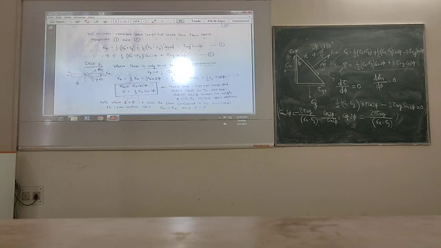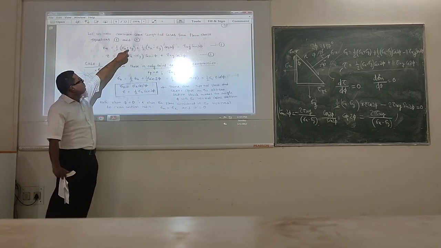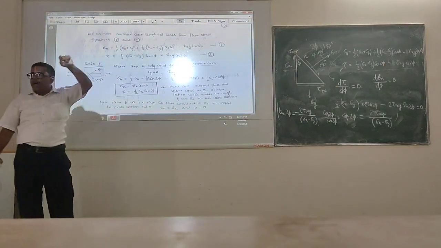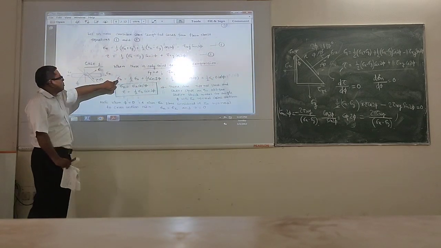That means either sigma x will happen or sigma y will happen. Right? So if I take sigma y equal to 0 as well as tau xy equal to 0, and convert those two equations, what will be the value of sigma n?